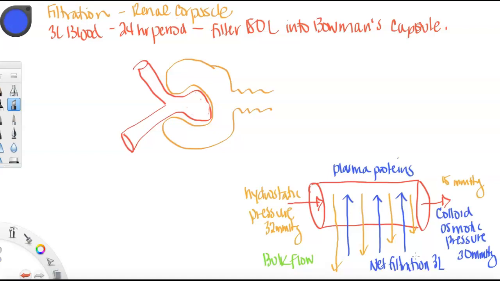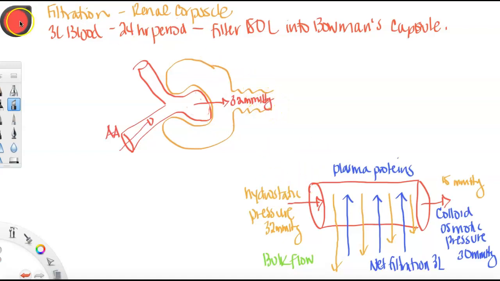Okay, so in the corpuscle, blood enters through the afferent arteriole at a hydrostatic pressure. It's basically blood pressure, and that pushes stuff out. So there's that 32 millimeters of mercury of hydrostatic pressure.